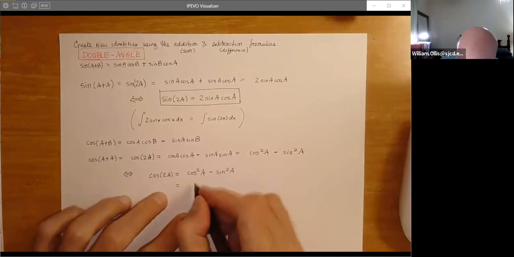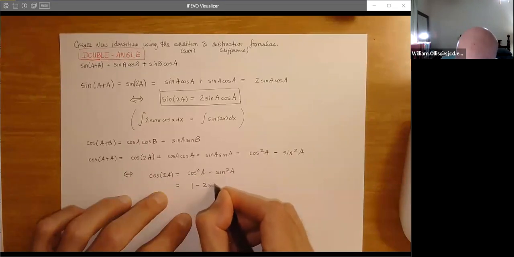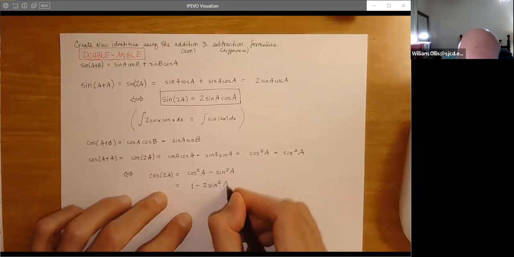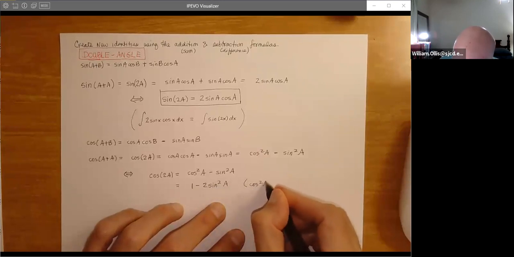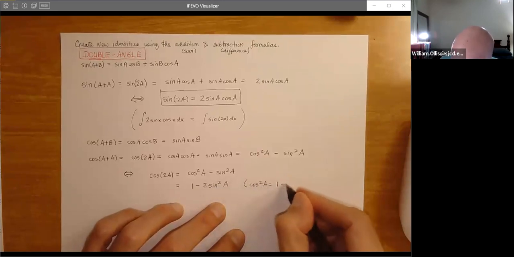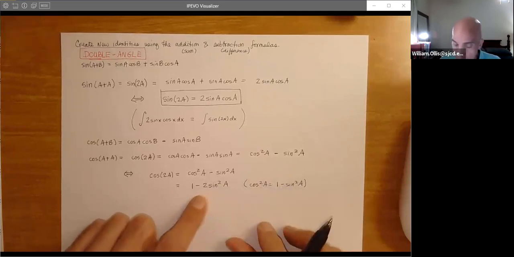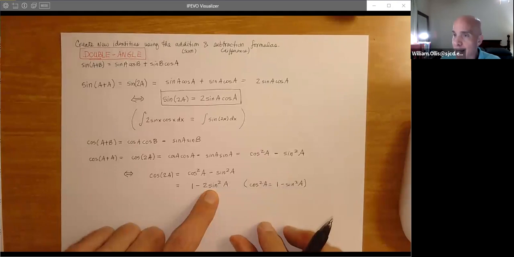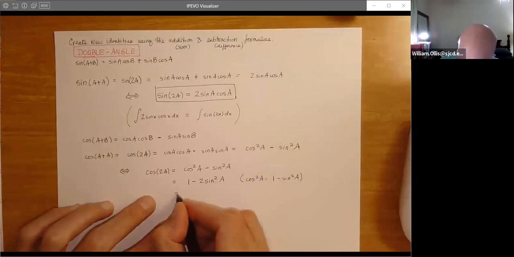So we can do 1 minus 2 sine squared A. This is great when we're solving trig equations. This is basically saying cosine squared A equals 1 minus sine squared A. So if we do that replacement, we get a formula that only has the sine term in it. That's an improvement.